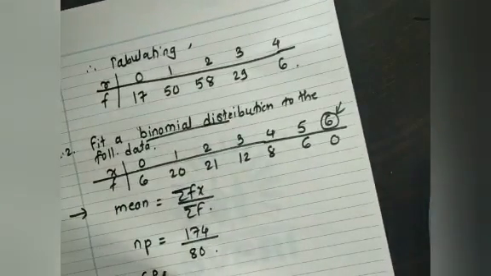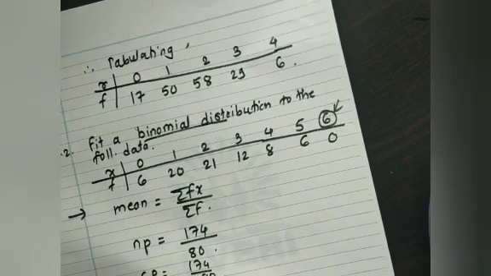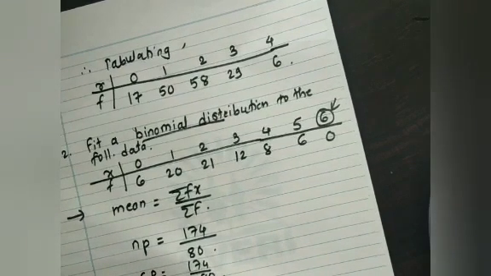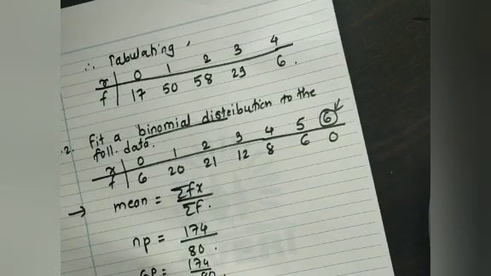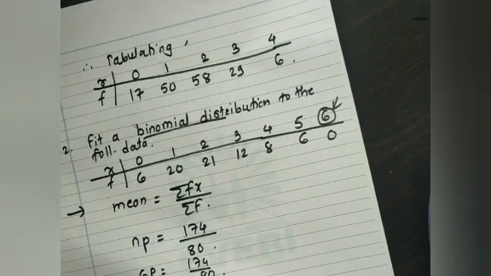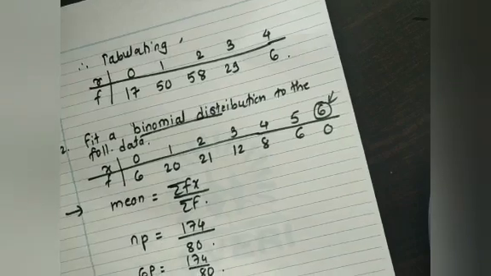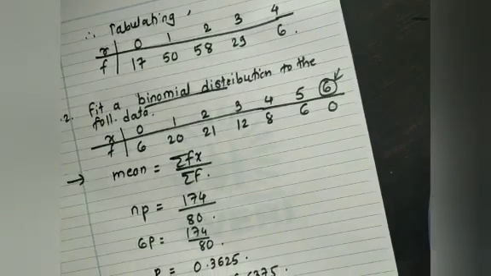So 6p is equal to this 174 upon 80. So finding p we get 0.3625. Similarly, we'll get q also. Q is 1 minus p, which is equal to 0.6375.